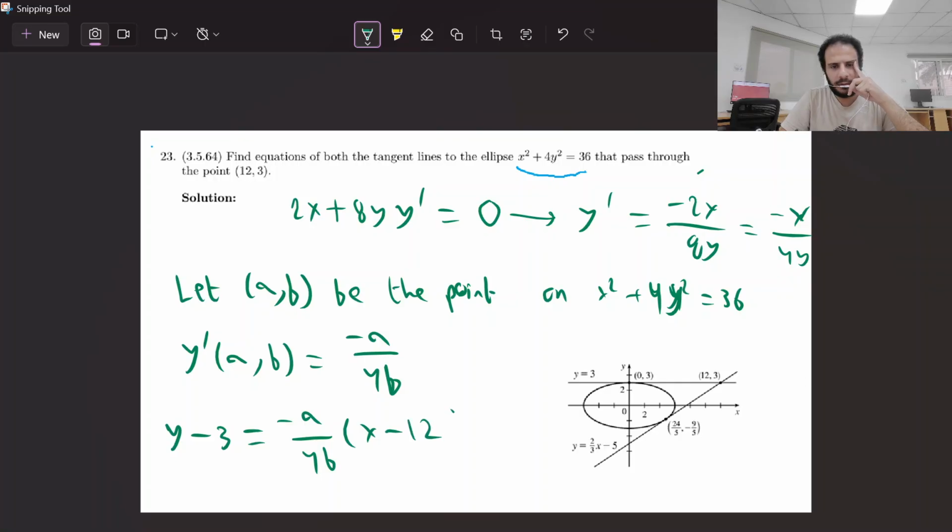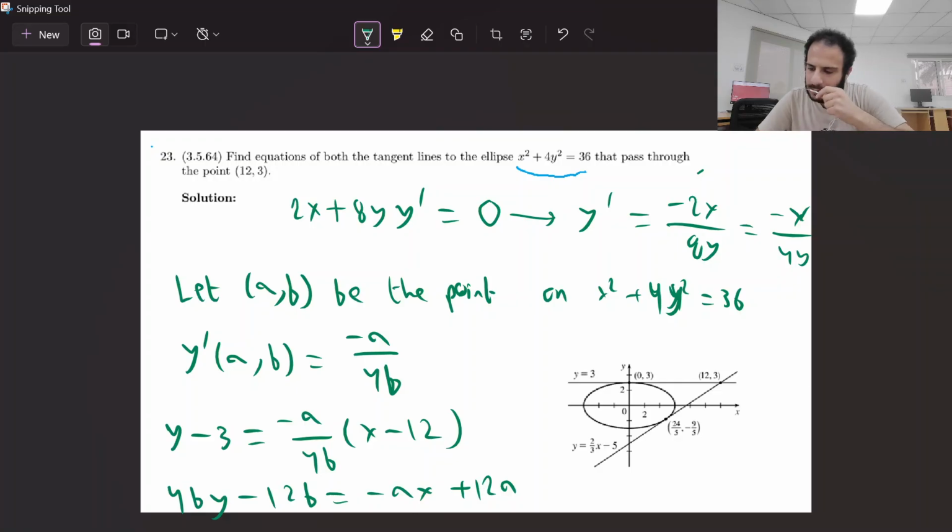Next we multiply both sides by 4b. We get 4b times y minus 3, which is 4by minus 12b, equals minus ax plus 12a, right?